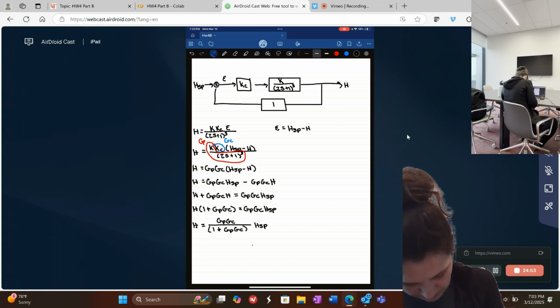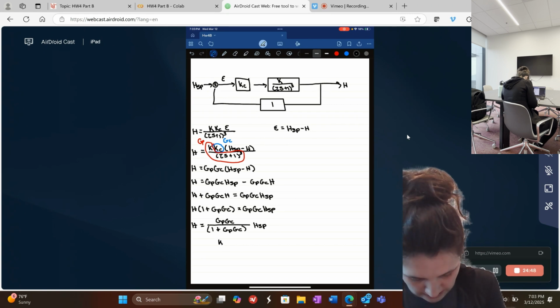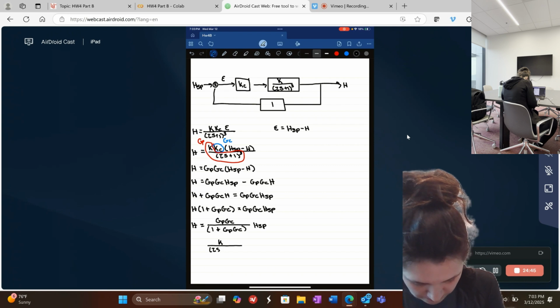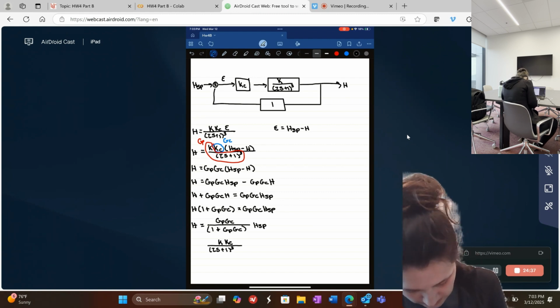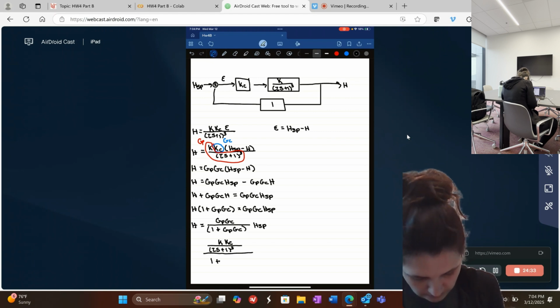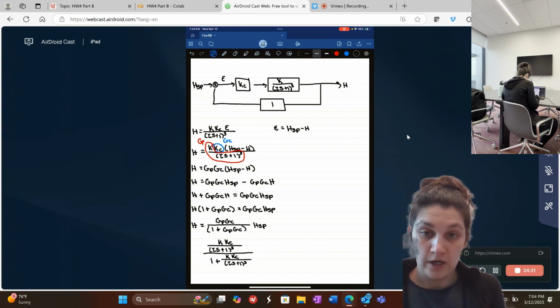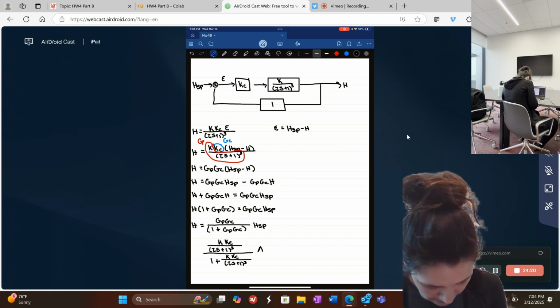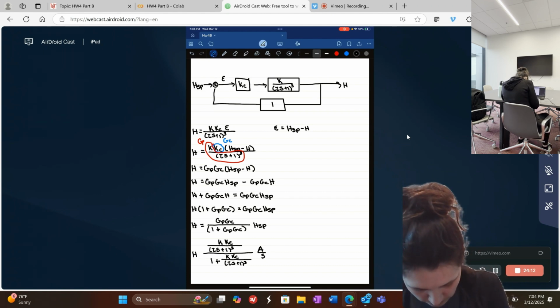And so what we end up with when we do that is in the numerator, we're going to have Gp, which is K over (tau S plus 1) cubed, times Gc, which is Kc. And then in the denominator, we're going to have 1 plus the same thing. So we have Kc over (tau S plus 1) cubed. And then the Laplace of HSP is A over S, where A is the magnitude of our step. This is all equal to H.